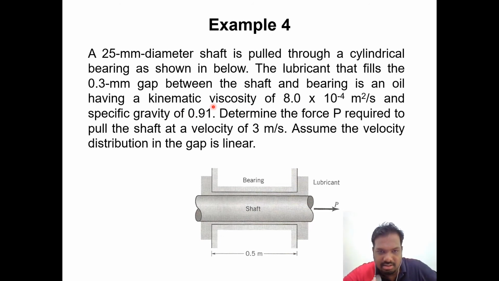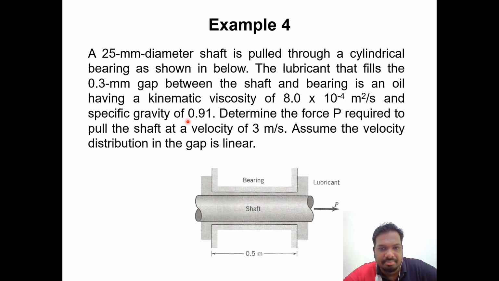We have heard about this term earlier, so please refer. What is kinematic viscosity? And specific gravity, I think this term we have also heard. It's dimensionless, so no unit, 0.91.